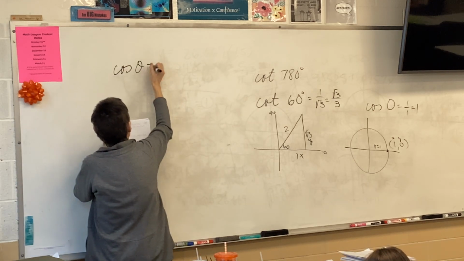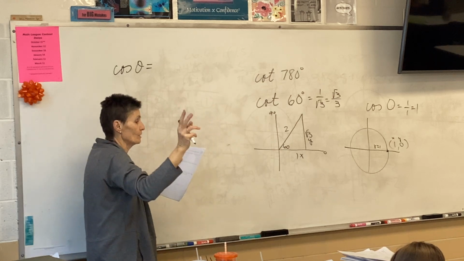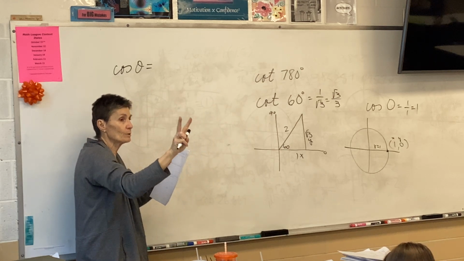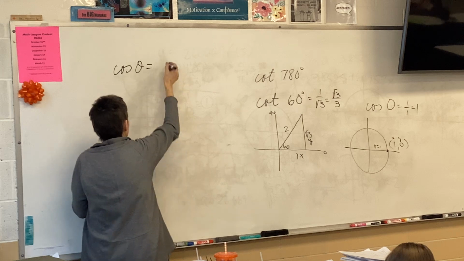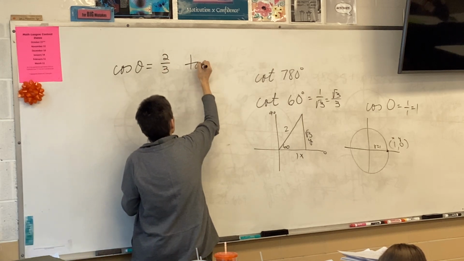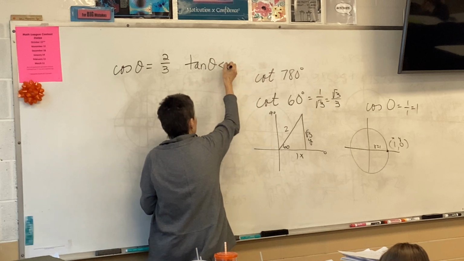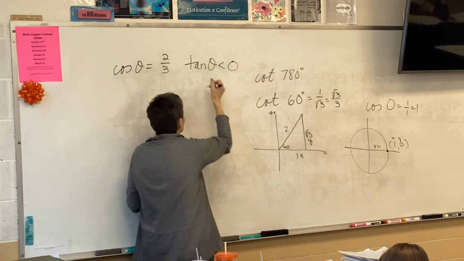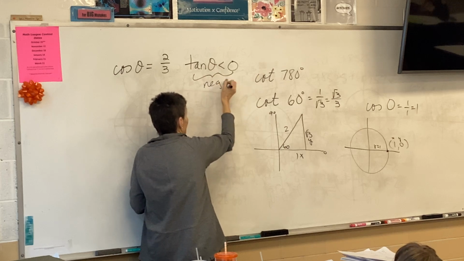I have an angle out there, and I know two things about it. I know that its cosine is 2/3, and I know that its tangent is negative.